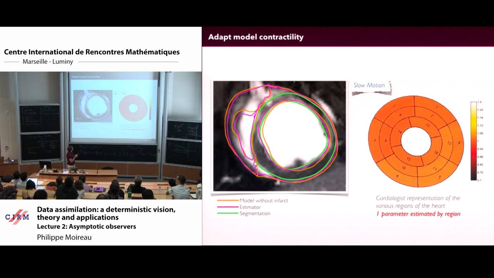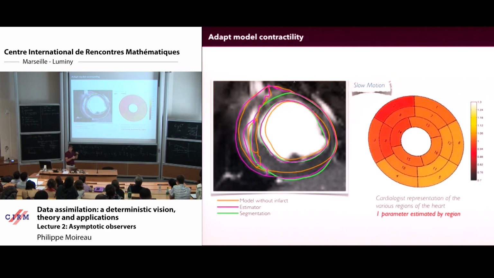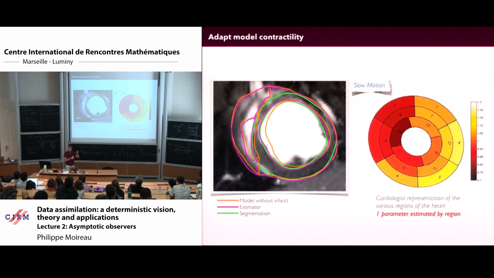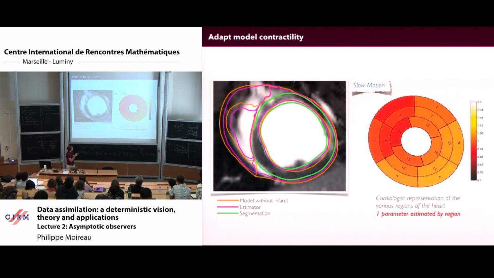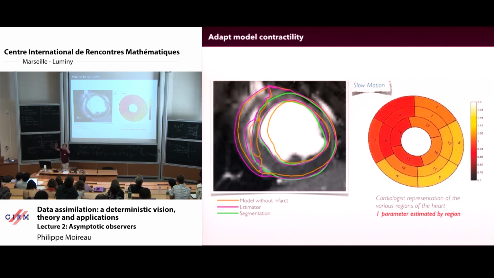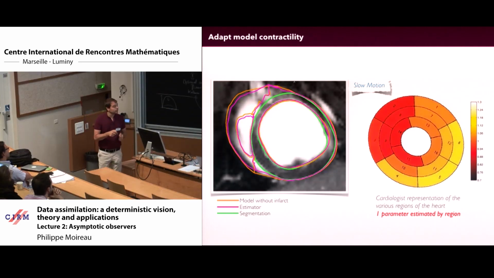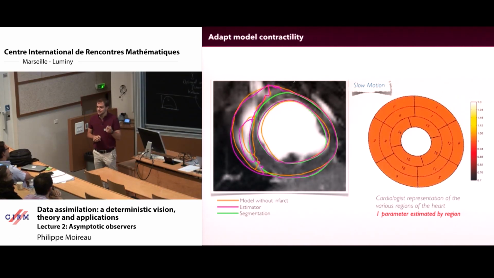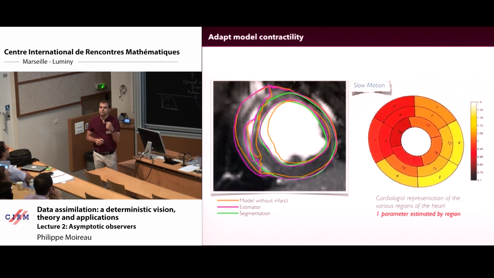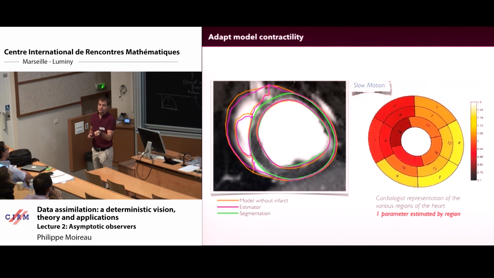And now this is the estimator. In purple, it's the estimator that during time adapts to the green data, and at the same time uses the same type of zone that I showed you on the ellipsoid and tries to recover one parameter in each zone. This parameter is what we call the contractility, meaning the capacity of the model to be activated by the electrical activation.